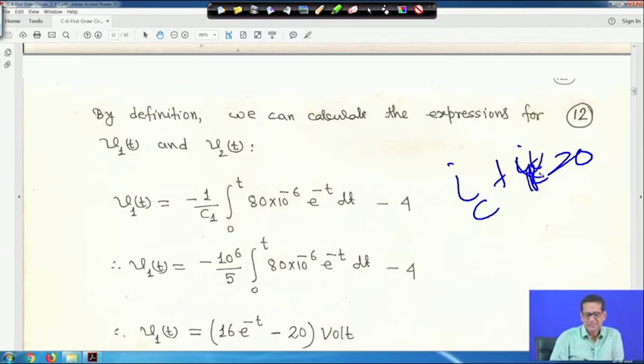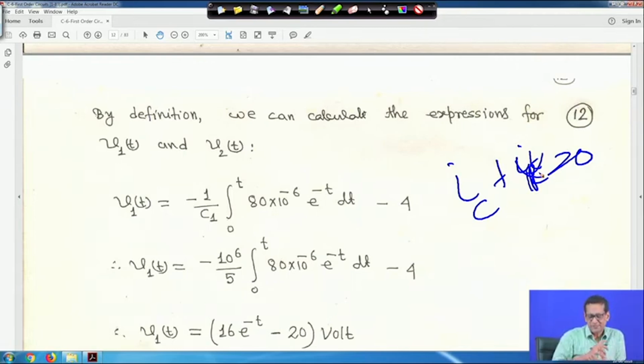So, IC is equal to, this is a general thing. You have to find out V1 and V2, and this current IC is flowing through both C1 and C2, since both are in series.